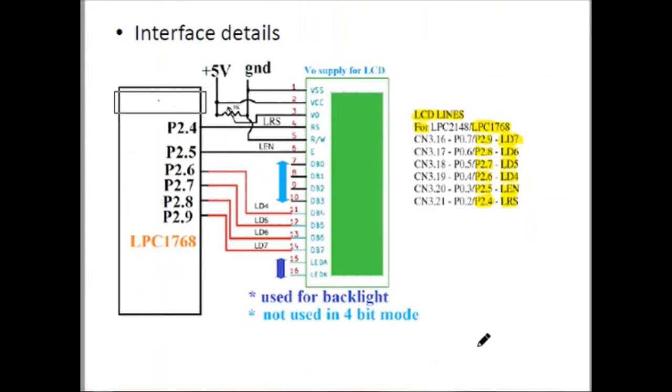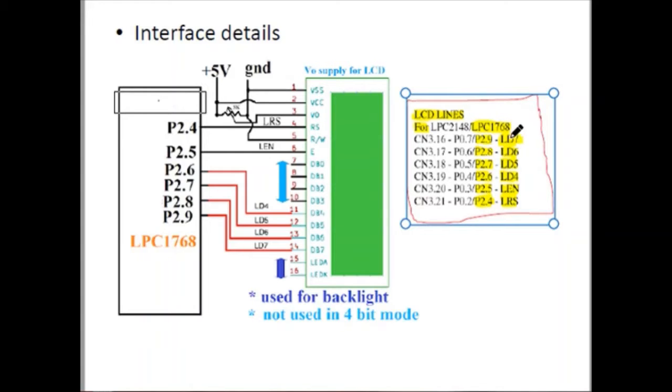So now let us see how, in our board, the LCD panel is connected to which pins of which port. As we are using the LPC1768, here it is clearly mentioned. For the LPC1768, these yellow shaded ports and the respective pins have to be used. You can see how these 16 pins are connected.